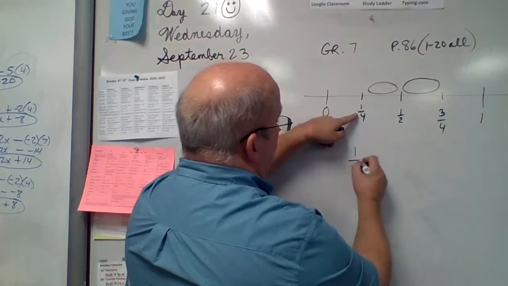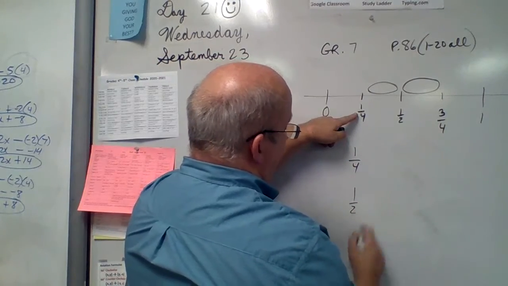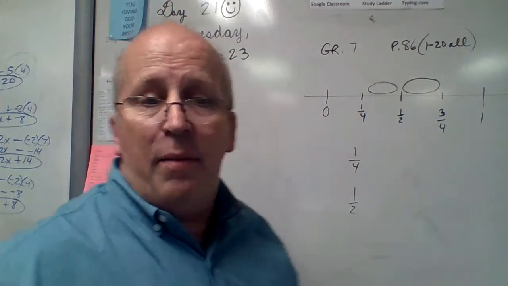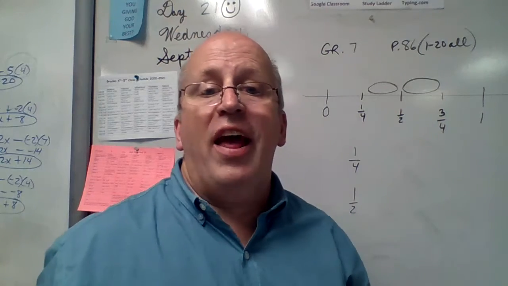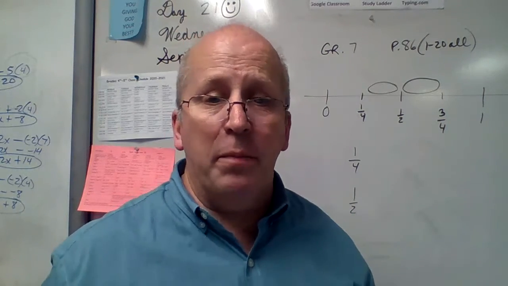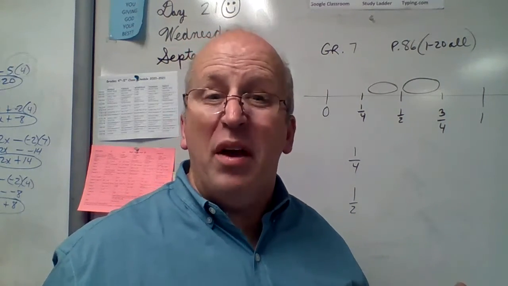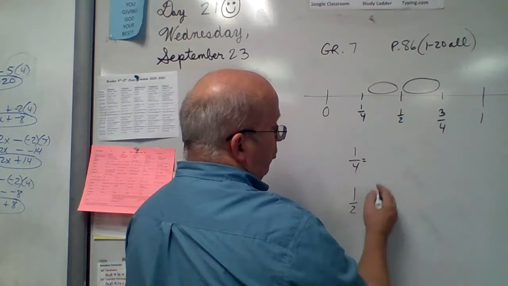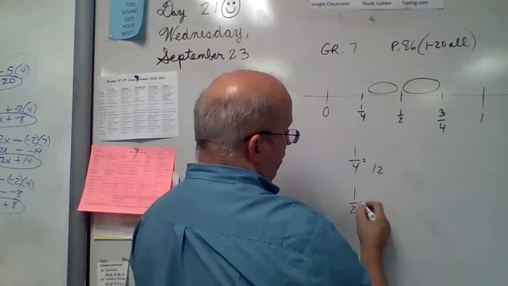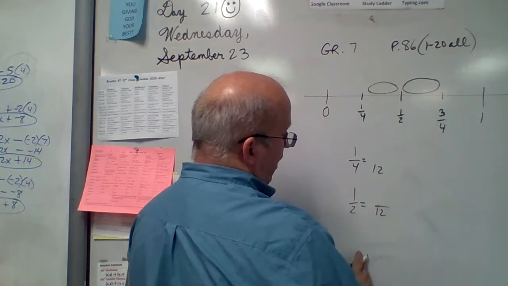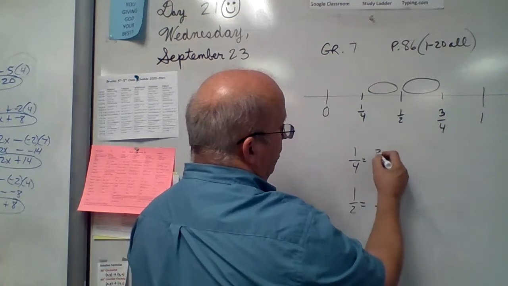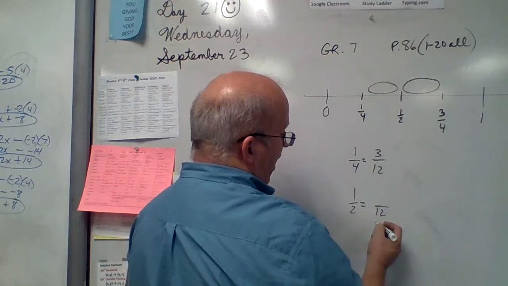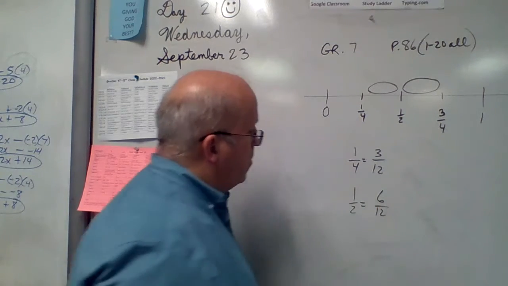If I write down 1/4 and I write down 1/2, and I make them into equivalent fractions that have the same denominator, but I'm going to look for a pretty big denominator. What if I change them into fractions that have 12 as their denominator? If I do that, 1/4 becomes 3/12, and 1/2 becomes 6/12.